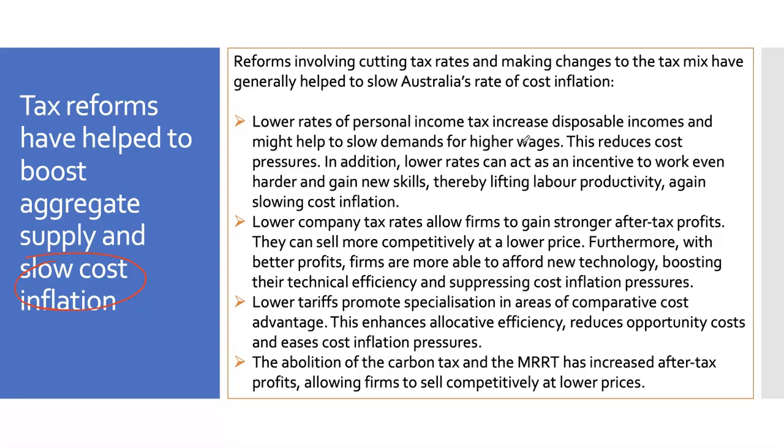So if you have more money because you're paying less tax, you might not be demanding higher wages. Lower company tax rates allow firms to gain stronger after-tax profits, so they don't have to increase their prices to increase their profits because they're just keeping more of the after-tax profit.